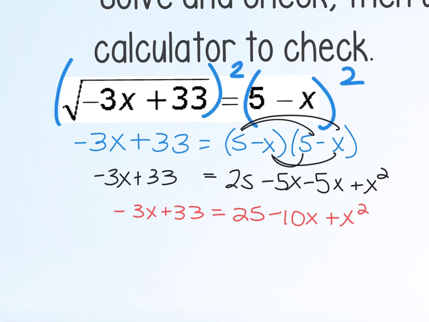Now, as soon as you see a squared and an x, what's it usually a hint that you're going to end up doing? I'm going to end up factoring these, right? So I want to move everything to the other side of the equation. I like to keep my x squareds positive, so I'll usually move everything from the left to the right in this case. So I would add the 3x.